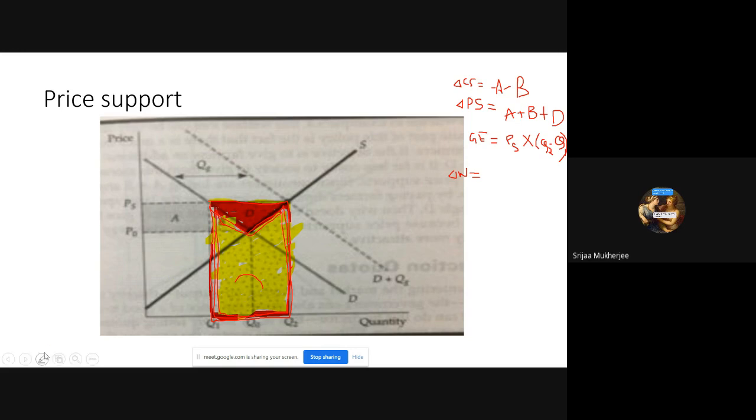Ma'am, what exactly happens with the deadweight loss? Nothing. This is the loss. You are just throwing money in the river. It's like that. Actually, this is not like that. The black markets are coming, the intermediate persons, those who are purchasing from the farmer and selling in the market.